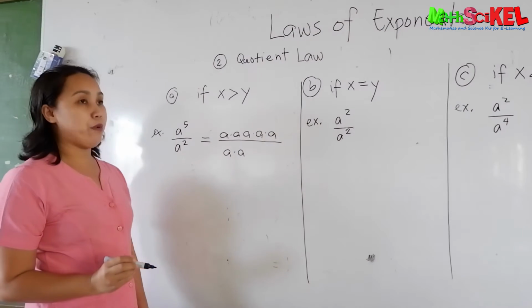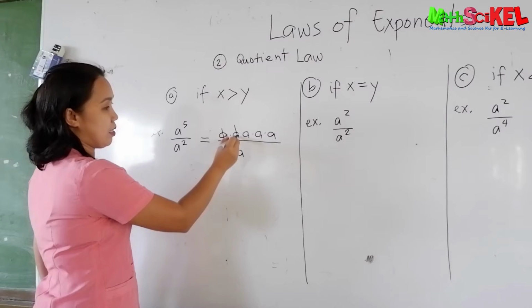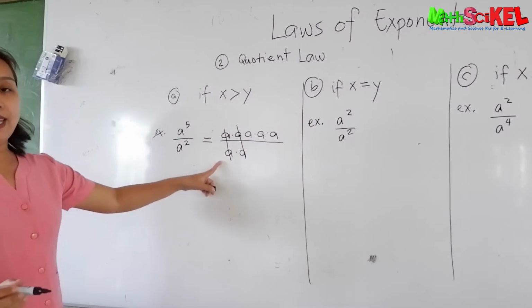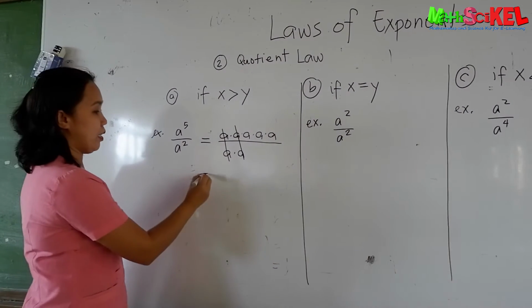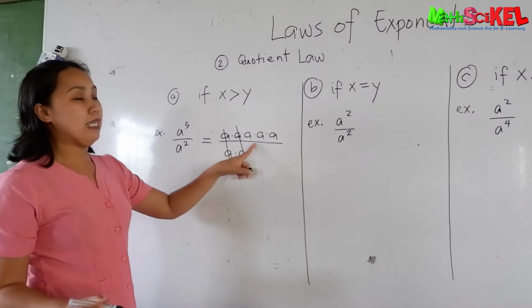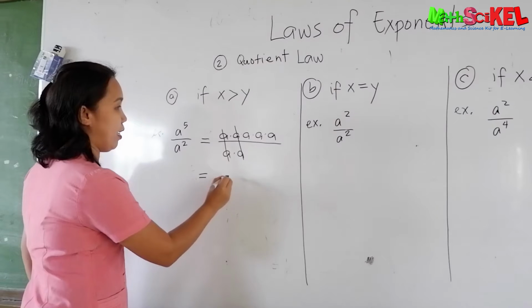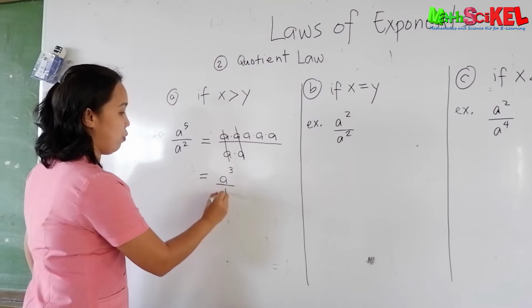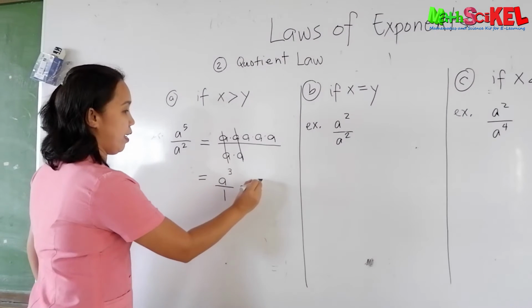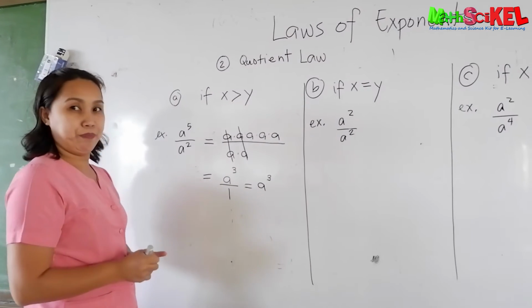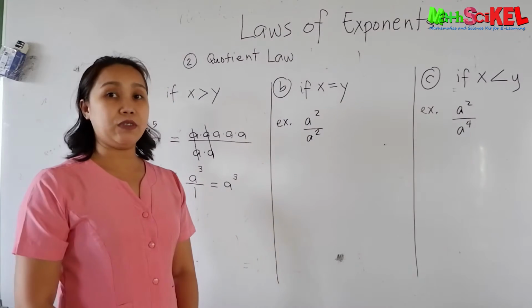Using the cancellation process, we cancel the similar a's, and as you can see, we only have 3 a's in the numerator, or written as a cubed over 1. A cubed.